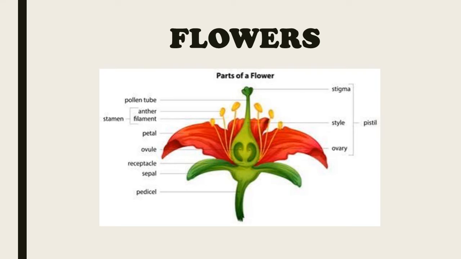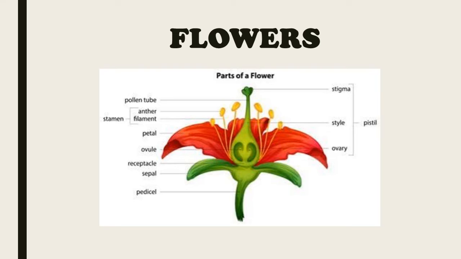The anther is a yellowish sac-like structure involved in producing and storing the pollen. Understood?